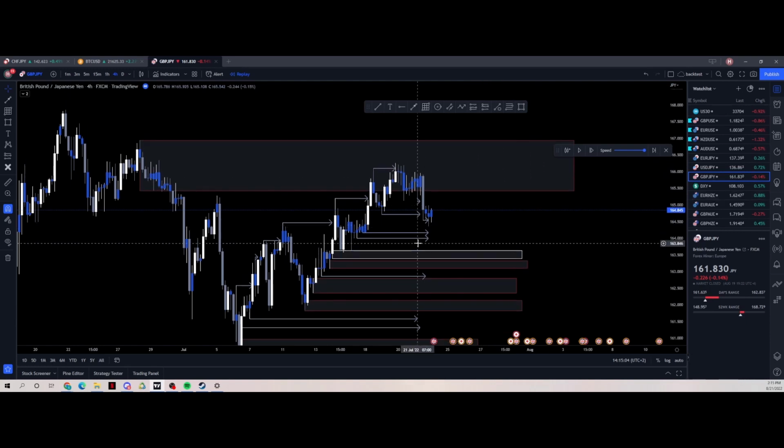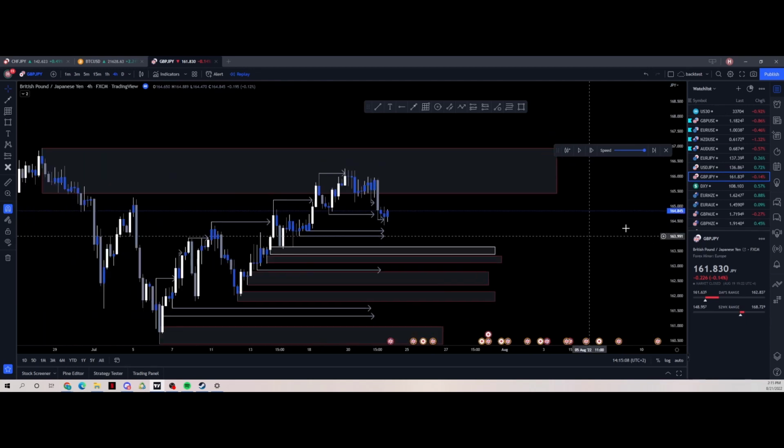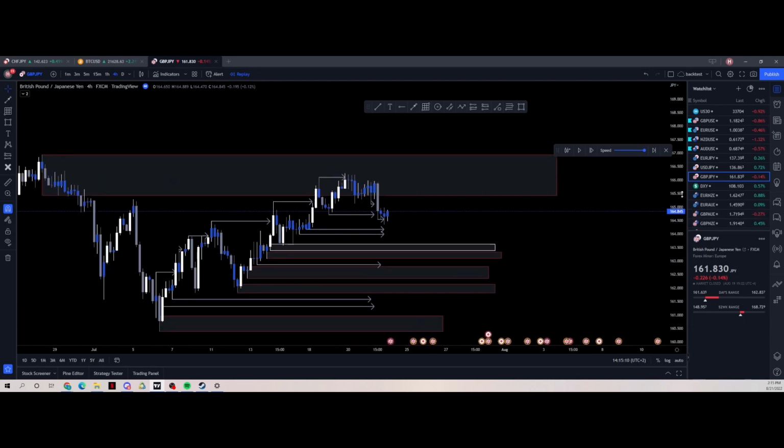Just keep in mind that I'm not a professional trader. I'm just an aspiring trader, and I'm also still learning. I know a lot of people also have problems with writing down their trading plan and what they should look at, because you might look at confluence like break of structure, zones, maybe trend lines, whatever.